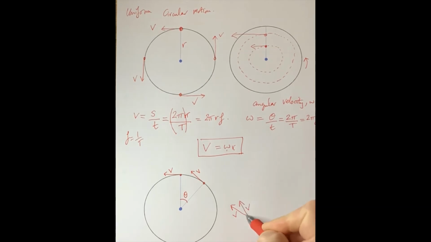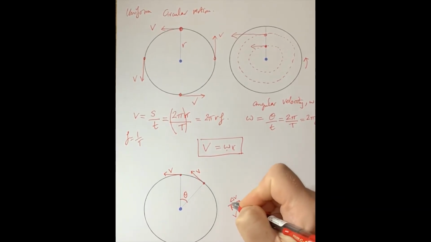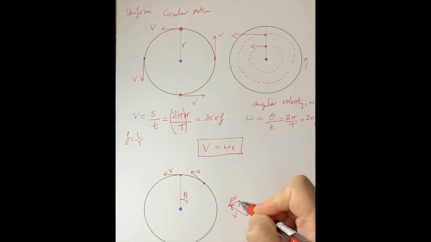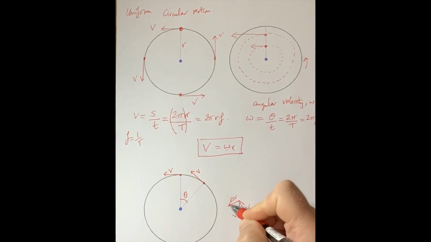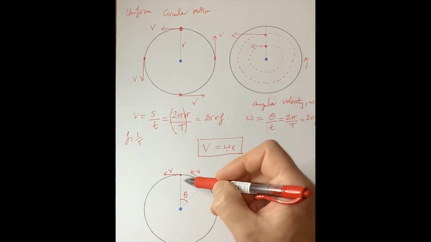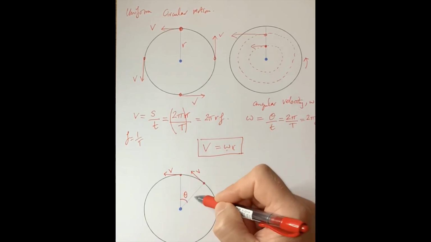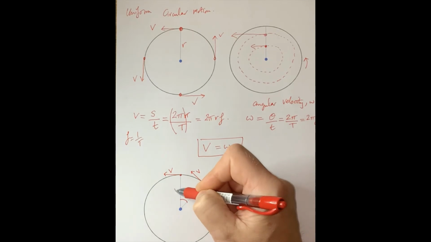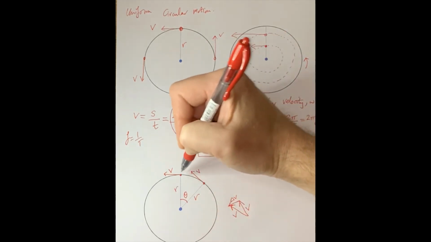To go from this vector to this vector, that has been the change. There's been a change in velocity, and this is the new velocity.